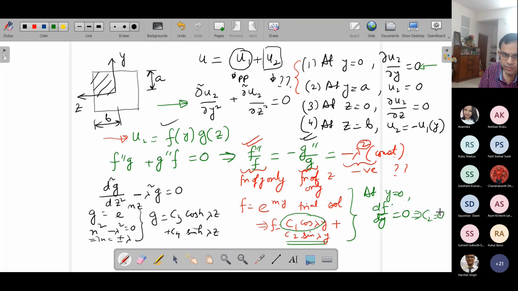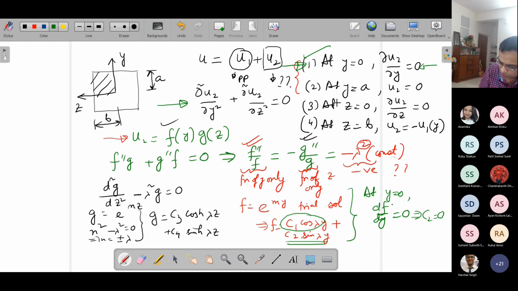And similarly, if you consider this one, this we have used. I'm just putting up a tick because we have to make a check and balance of whether we have used the boundary conditions. So 1 we have used.